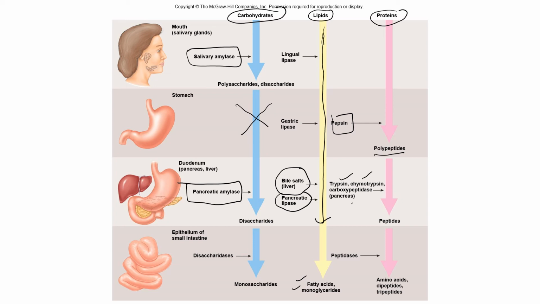These peptides will further be broken down into individual amino acids by the action of brush border enzymes secreted by brush border cells in the epithelium of the small intestine. So these peptidases will further break down peptides into their individual amino acids, which will be absorbed by the small intestine.